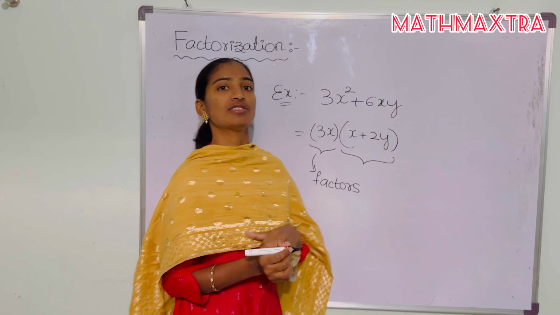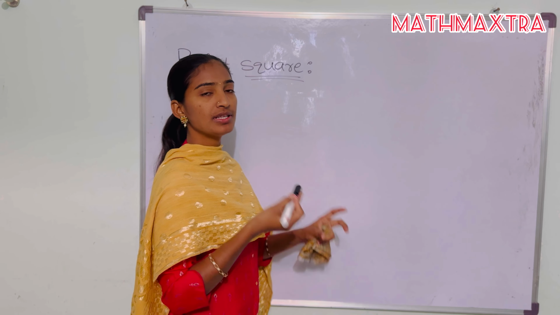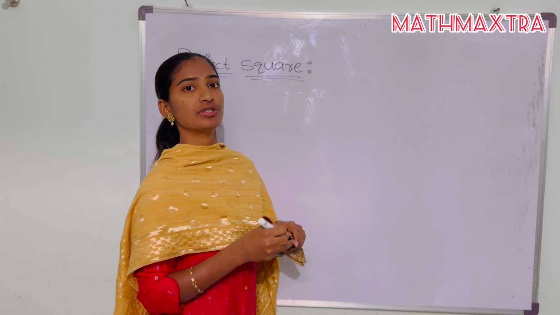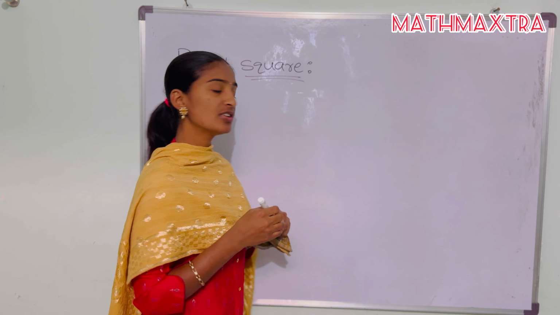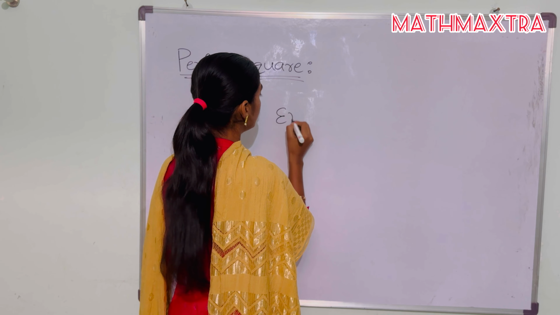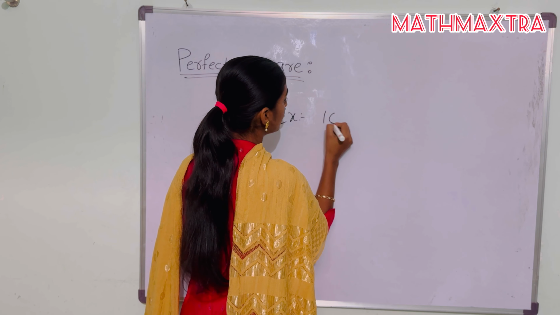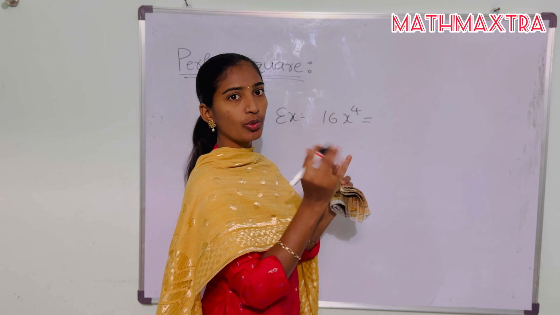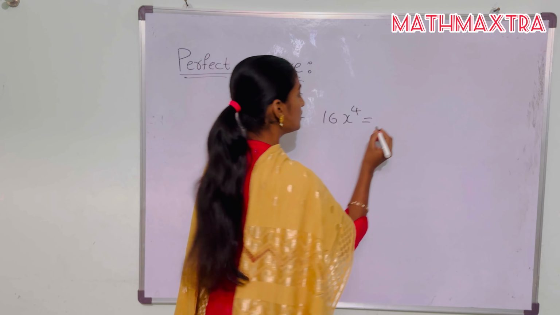So what is a perfect square? An algebraic expression which can be expressed as a product of two same algebraic expressions, then we call that a perfect square. See one example: 16x power 4. How can we divide it into a product of two algebraic expressions?